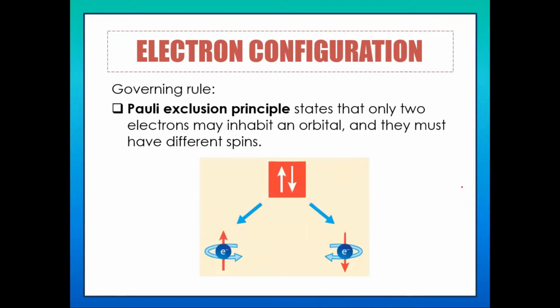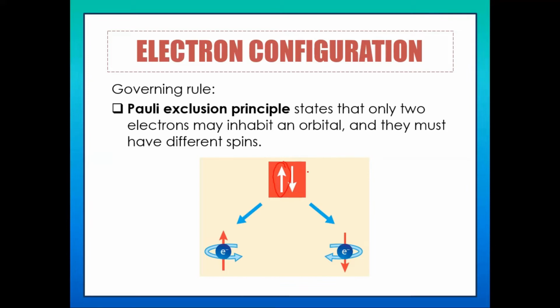As you've noticed in the given illustration, the different spin directions of these electrons are by convention designated as arrows. The first electron is denoted by an arrow pointing upward, and the second one is pointing downward.